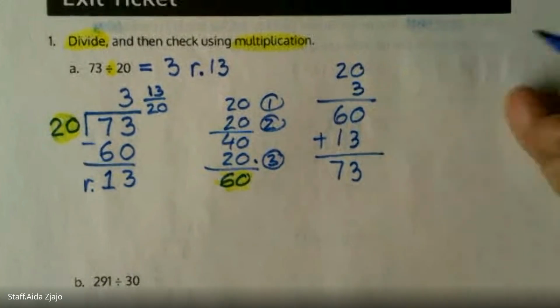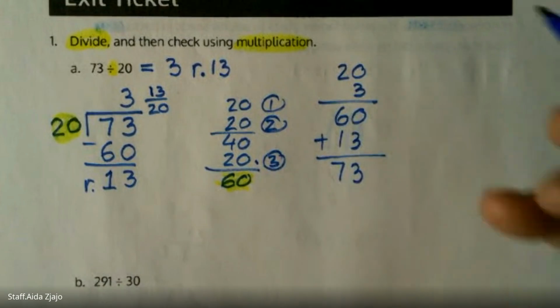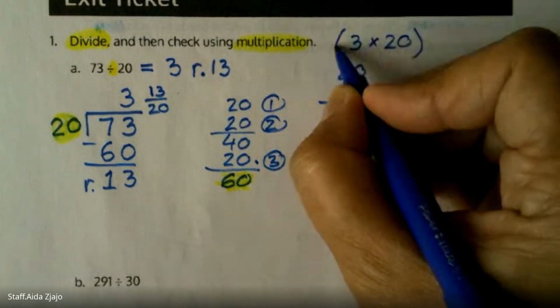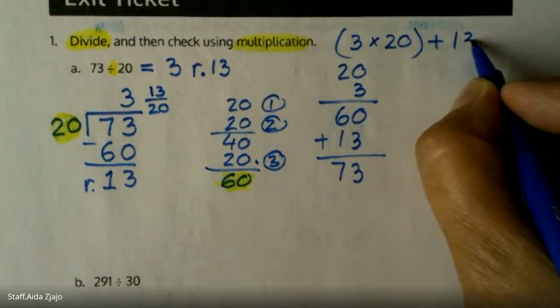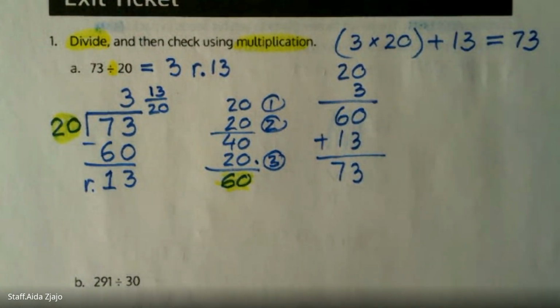Or you can go horizontally: to check this answer, we can say 3 times 20 plus 13 must equal 73, which it does.